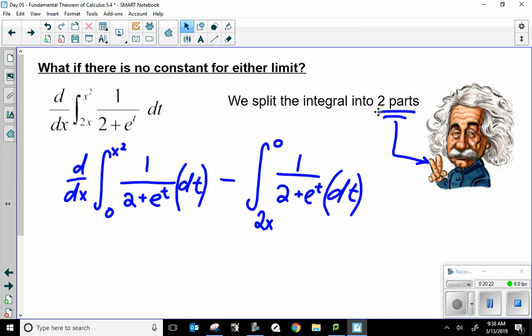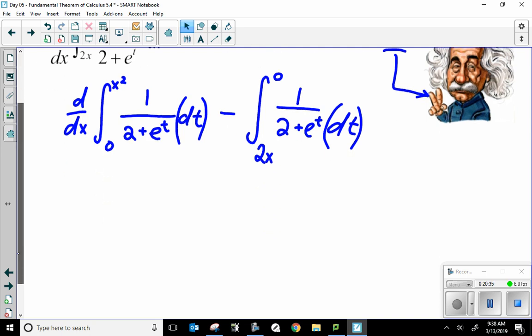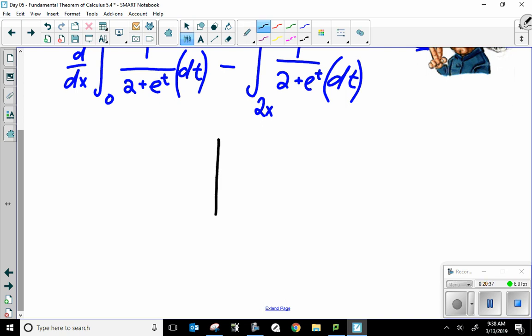So remember, we can split these two things up. Let me give you a little example of what I'm talking about here. This was another one of our rules back in the day. If I have a graph, the integration really means area under the curve.